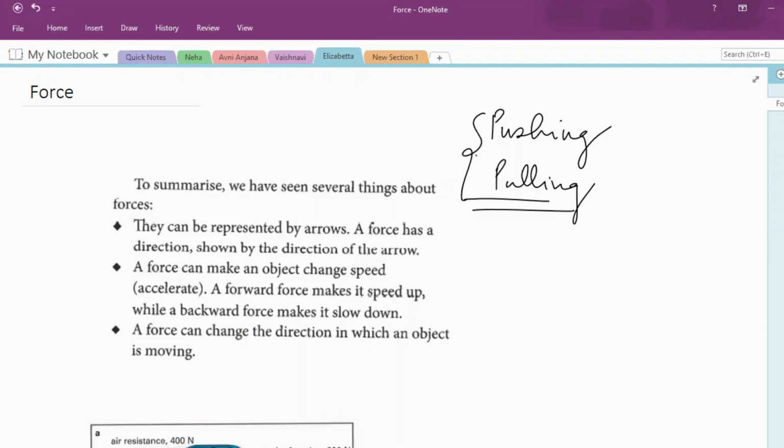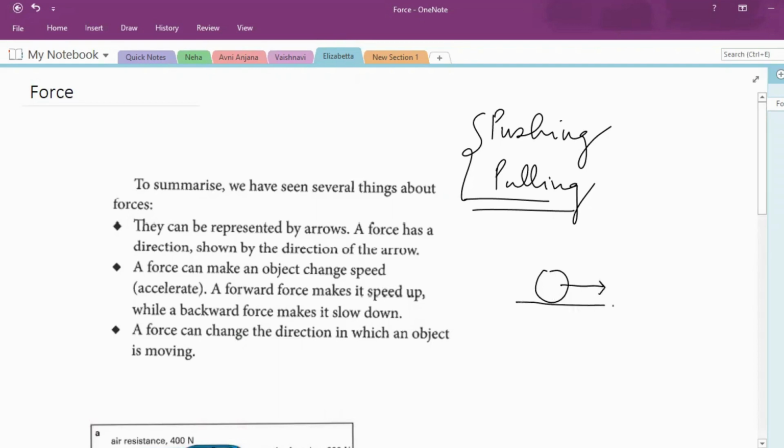Force is a quantity that is like pushing or pulling an object, because of which an object can come in motion, or if it was moving, it can change. Suppose there was a ball that was moving in this direction.